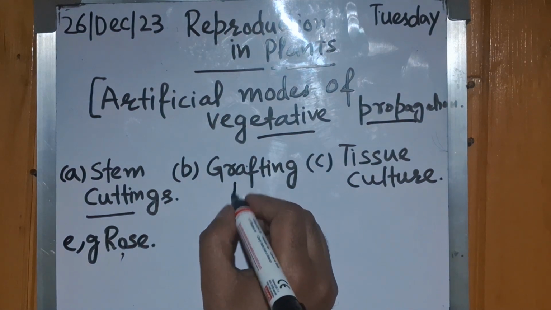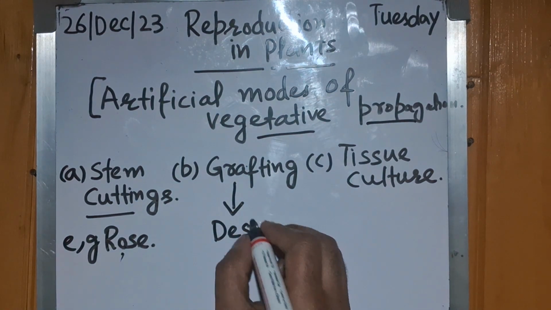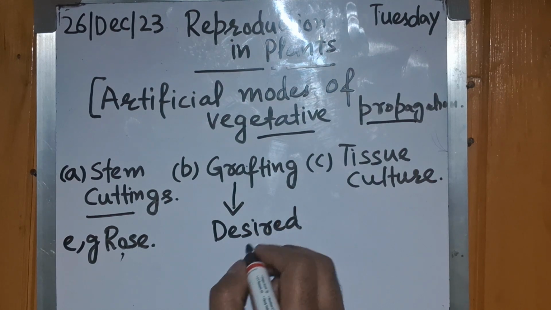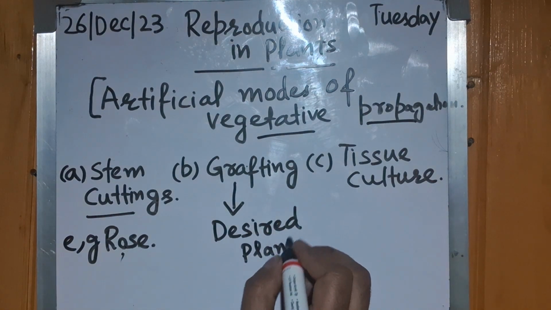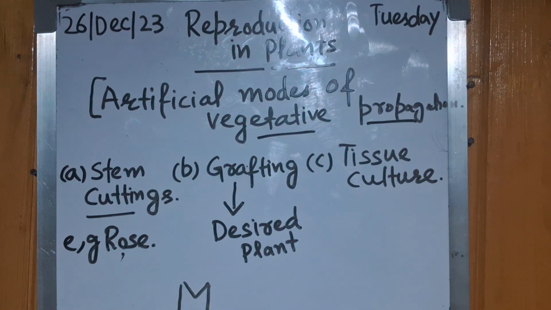Grafting, where we take a particular desired plant and plant it on the root of another plant, and it develops on the root.